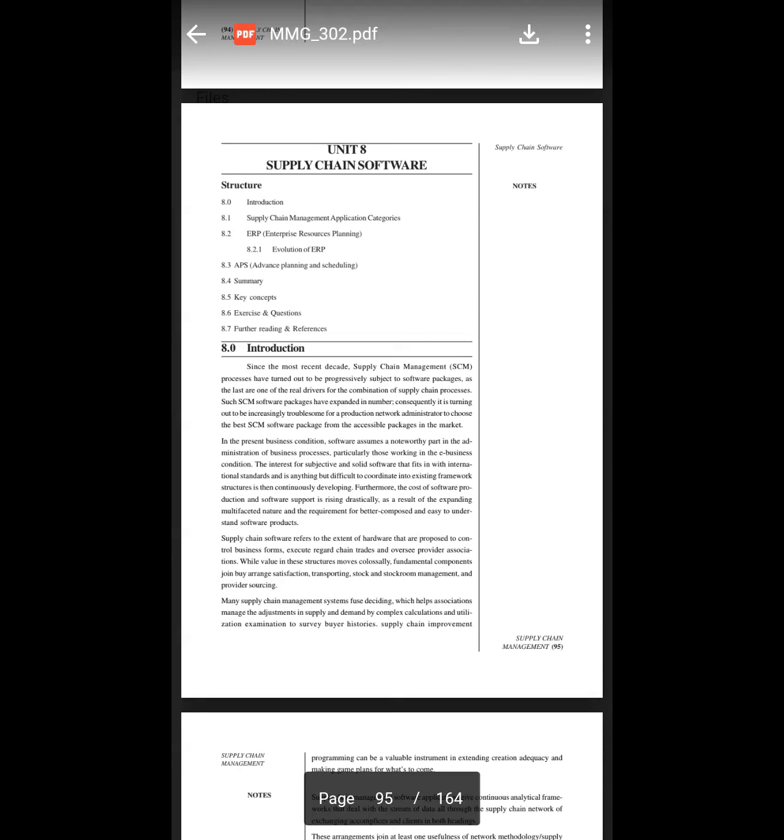Now see, I will give you one example. Suppose you have a manufacturing unit and you require raw material from suppliers. If it is not available in your location, your state or other states as well, then you will try to contact international companies.